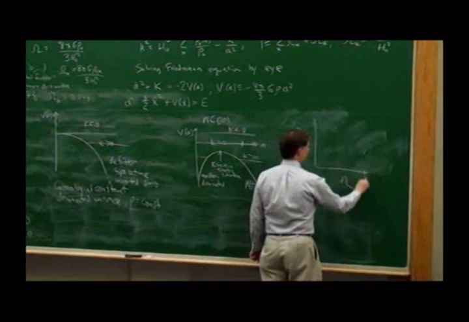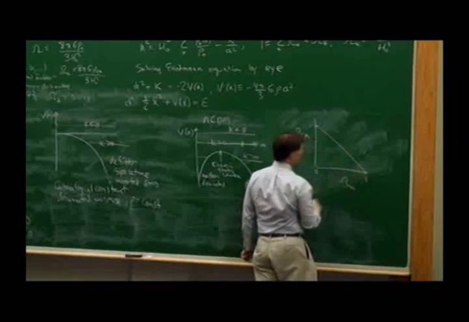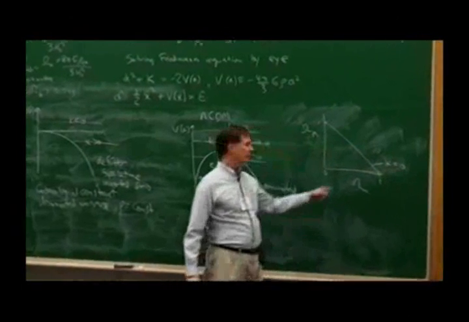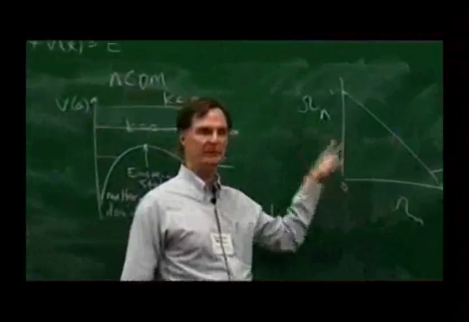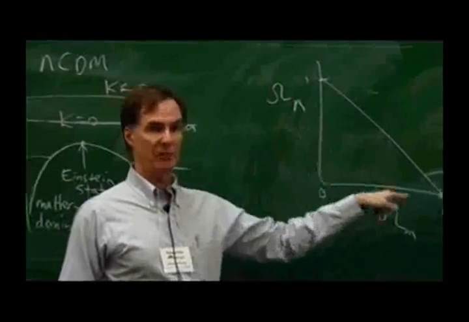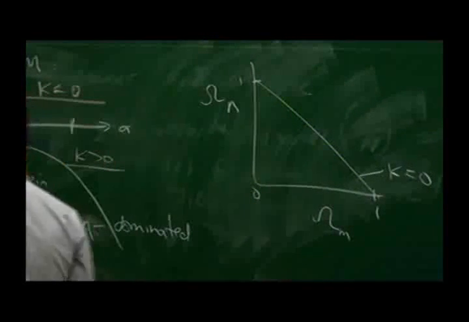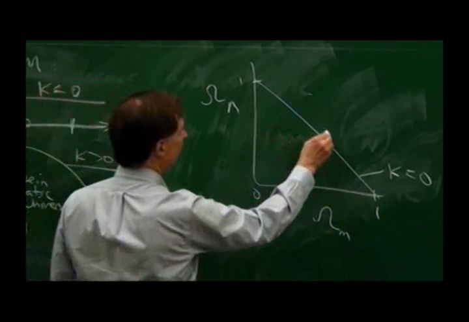I put 1 here, 0, 1. This line is k equals 0. So if matter and cosmological constant are the predominant constituents, then when they add up to 1, that means there's no curvature. And if you look at the contours, the CMB constraints look kind of like this.